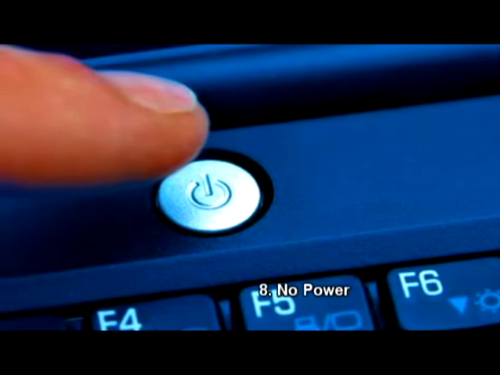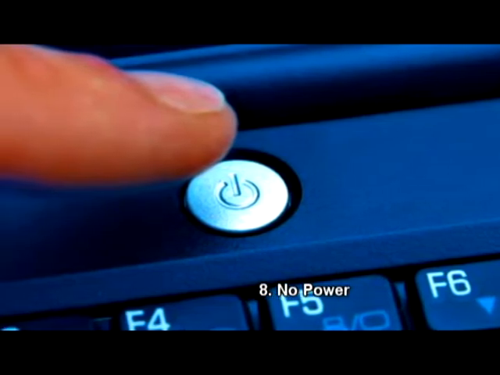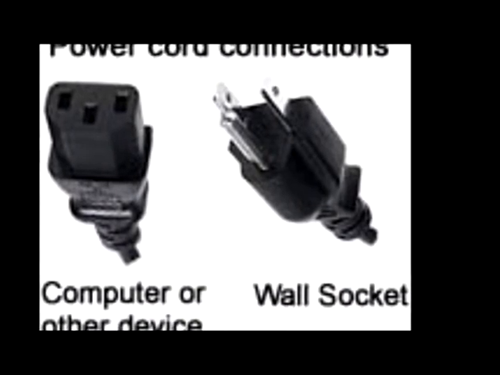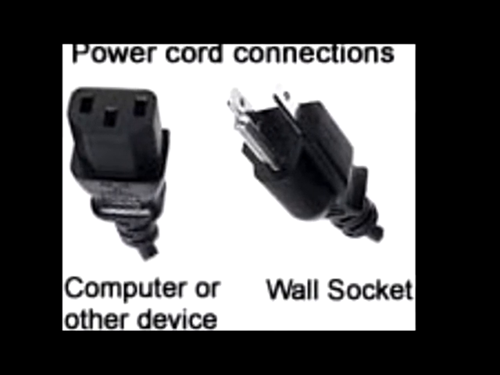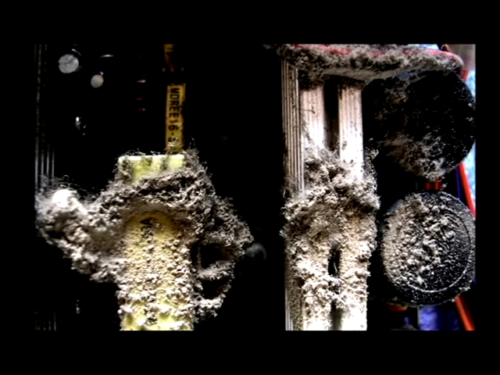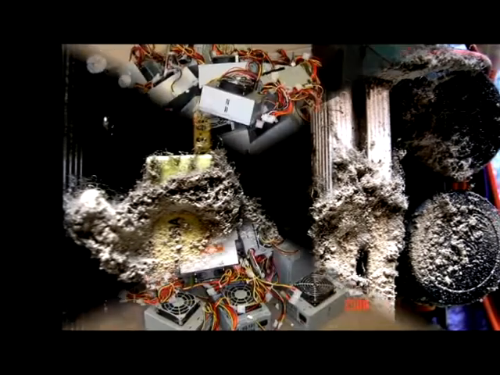Number 8. No power. The main culprit is usually the power supply unit or the PSU. Make sure the power cord is securely plugged into the supply and the wall outlet. If so, you can buy a tester to see whether your PSU is putting out enough voltage. Another cause could be a malfunctioning device.